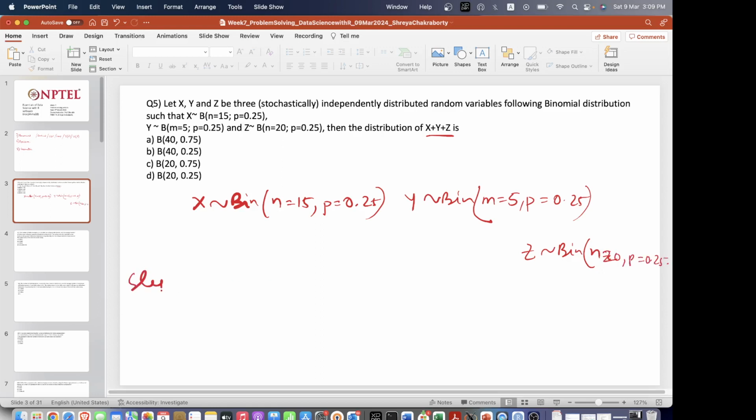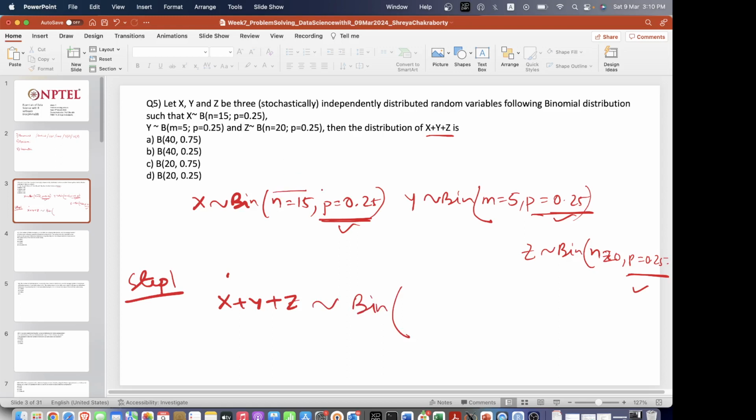Now the first step, you have to notice that these p's are the same. If p is the same for all the individual variables that you are considering, then X plus Y plus Z would follow a binomial with the sum of the n's.